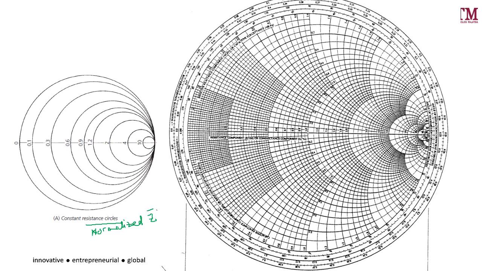You can see the value represented by each line. For example, here is 5.0 when the normalized impedance is 5.0. So remember, the normalized impedance Z equals R plus jX. So the normalized R here is represented by the circular lines.